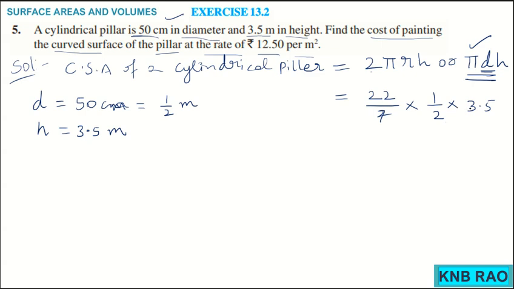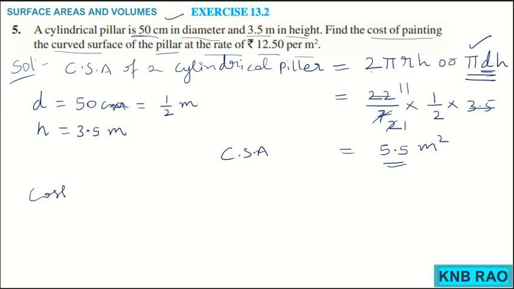Now this 3.5 cancels with this 7 for twice. 3.5 twice gives you 7, and this 2 cancels with this 22 for 11 times. So 11 by 2 is 5.5 meter square, the curved surface area.